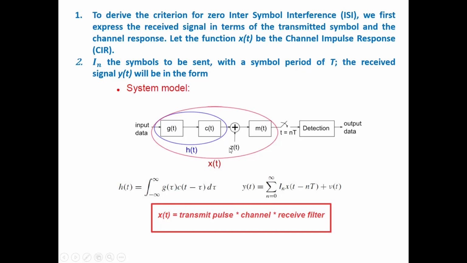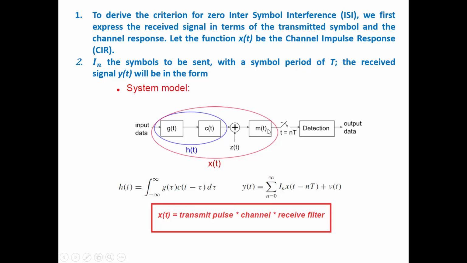All right. Now, if you look at the system model that we will take for deriving the criteria for zero ISI, the input data corresponds to ones and zeros. This input data will be modulated onto this g(t) pulse. c(t) is the channel impulse response. z(t) is any additive noise added into the signal from the transmitter side, while it is going through the channel.